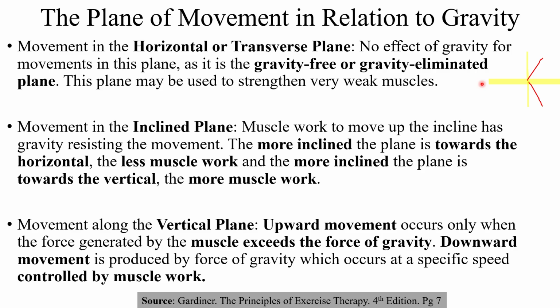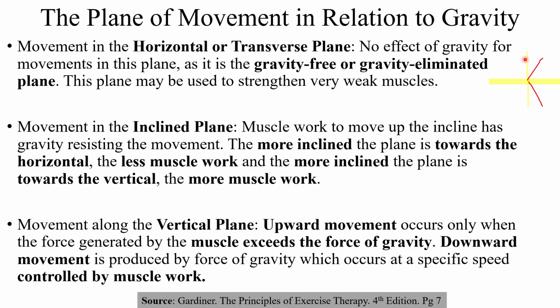That is why this plane is called the gravity free plane, or the gravity eliminated plane. Generally, when there is a lot of weakness in the muscles, for example a nerve injury like a brachial plexus injury, and you want to start training the muscles, you will probably start with a gravity eliminated plane, which is your horizontal plane.